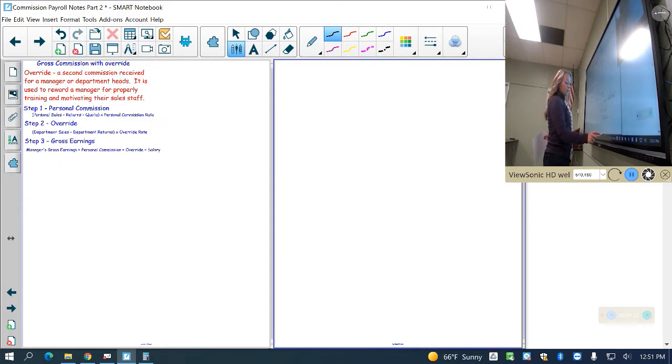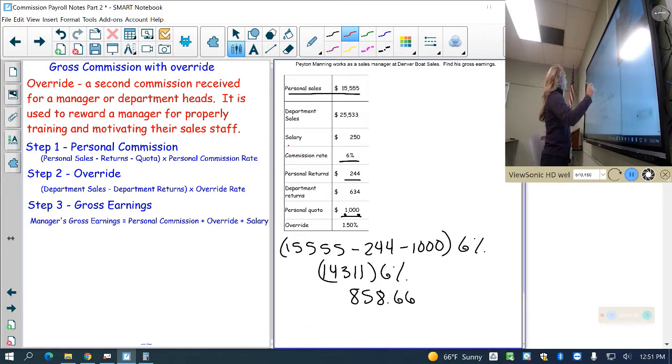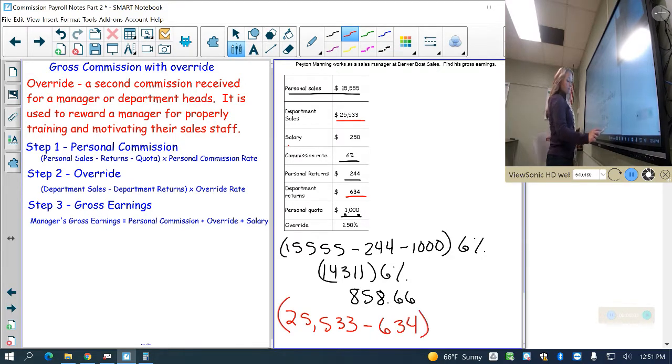So that's step 1. Okay, step 2, I have to find his override. How much is he getting paid for what his people in his department are doing? So let's look at his override. I need his department sales, which are 25,533 minus department returns, which are right here, 634, times his override rate, which is right here, 1.5%.